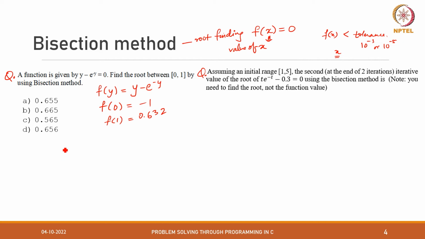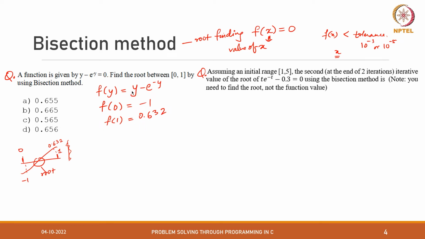If f at 0 is minus 1 and f at 1 is 0.632, then somewhere in between there is definitely a root, because it passes through a value of 0 at some point if it is negative on one side and positive on the other.